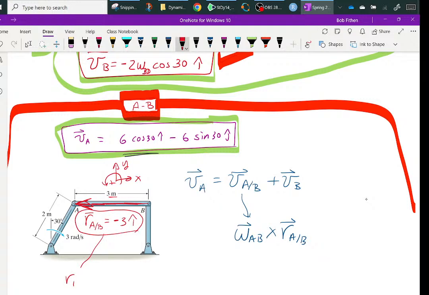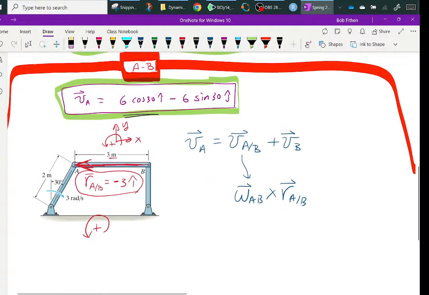Likewise, the position of B relative to A, believe it or not, is going to be 3 plus 3. So if you turned around and did this the other direction, that's what I mean, one vector is the opposite of the other. So it's nothing really fancy there. Now, we don't know this yet. I like to assume all positive rotation, so that's what I'm going to do.